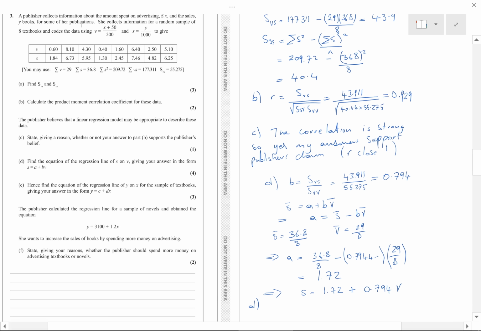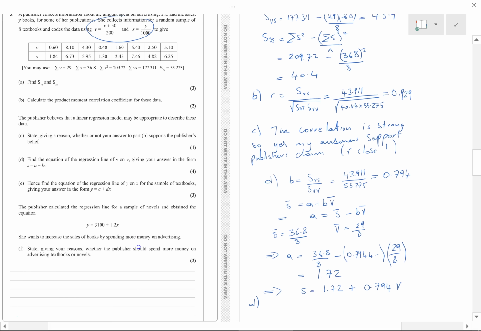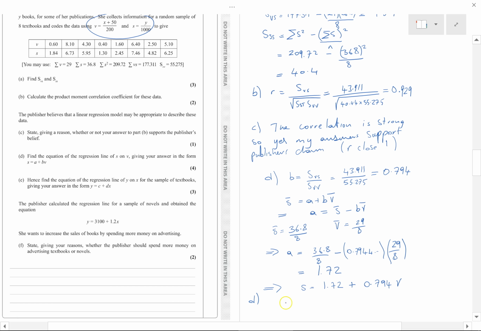So they want us to go back to the formula with Y and X. There's our coding formula, and we put those numbers in for V and S. So we have Y over 1,000 equals 1.72 plus 0.794 times x plus 50 over 200.